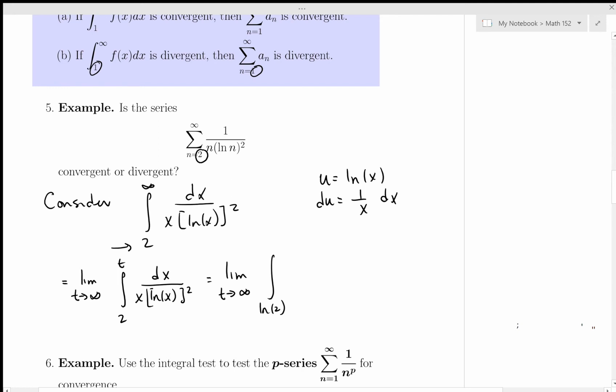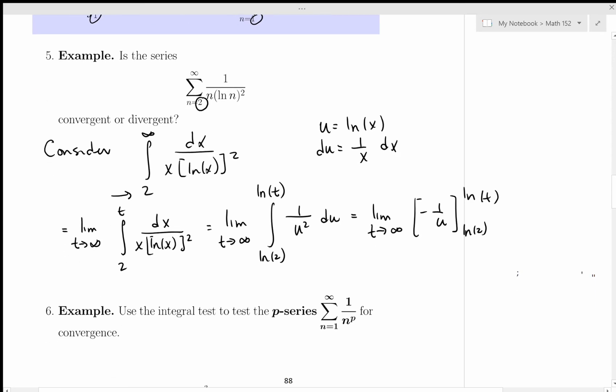And when x is t, u is log t. Then when I do the substitution, I get 1 over u squared du, which is an easy integral to figure out. We've already in fact done this during this lecture. I'm going to get here minus 1 over u evaluated at log 2 and log t, and then I do the evaluation, and then the final step will be taking the limit.